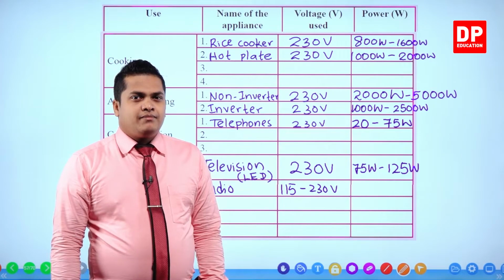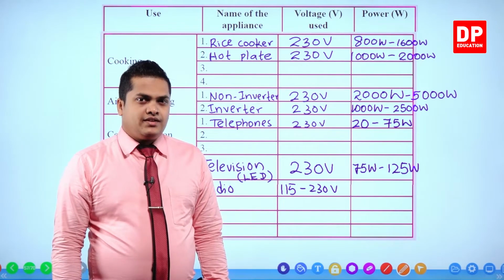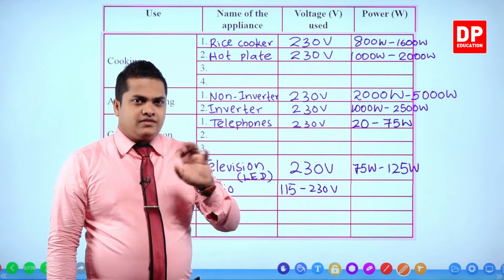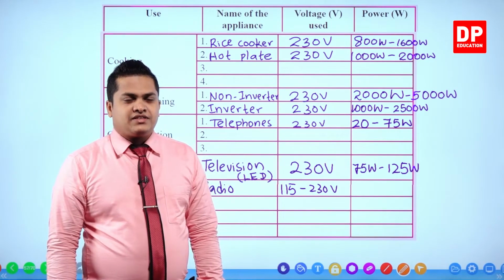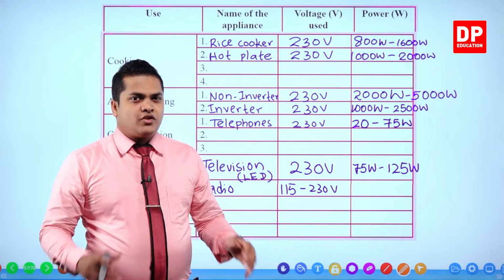After that came LCD televisions. Liquid crystal display. A liquid is there. By touching it, you can observe a liquid moving here and there. That liquid is responsible for generating color pictures. So it's not that heavy.